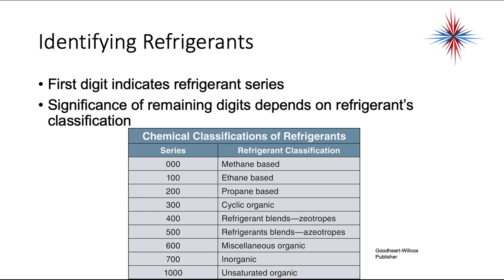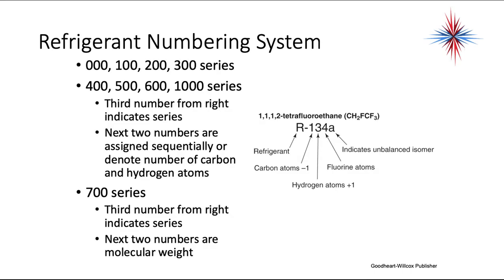R22, okay, 22. So the 0, 1, 2, 300 series, 4, 5, 600 series. Third number from the right indicates the series. The next two numbers are assigned sequentially or denote the number of carbon and hydrogen atoms.